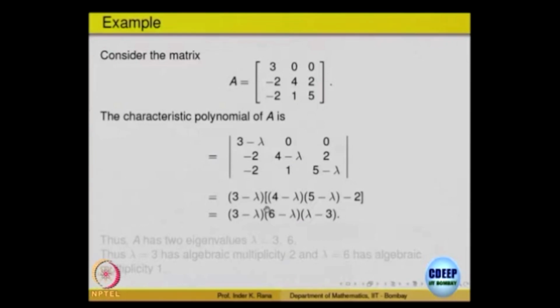That means the eigenvalue lambda equal to 3 has algebraic multiplicity 2, and lambda equal to 6 has algebraic multiplicity equal to 1. The total of algebraic multiplicities has to be equal to the order anyway, because they are the roots of that degree. Okay, so that has algebraic multiplicity 1.